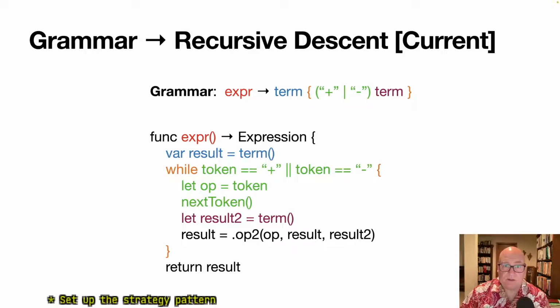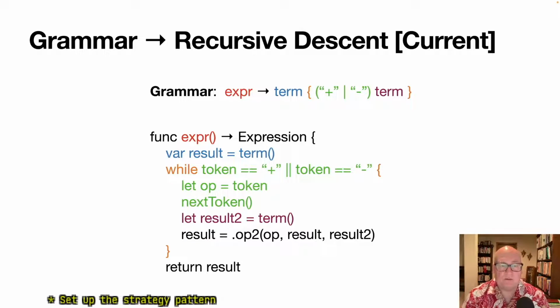To write recursive descent, you do a transformation, mostly mechanical, not completely. The left-hand side, we use as the name of the function. And then on the right-hand side, if you ever reference a non-terminal like term, you call it. So var result equals term.